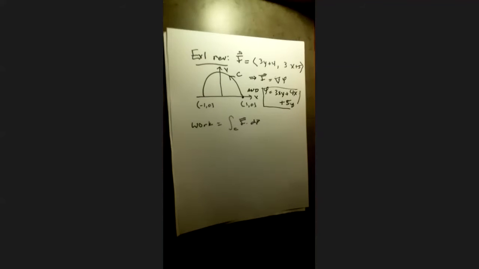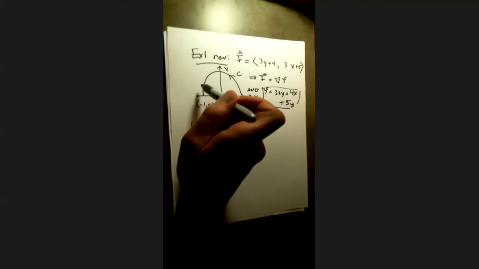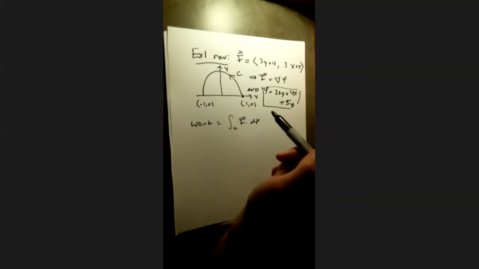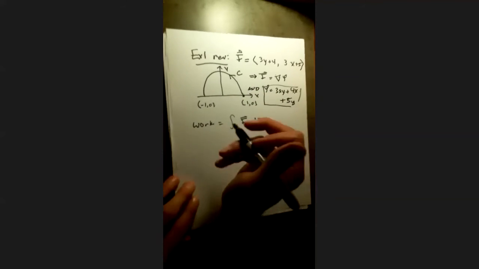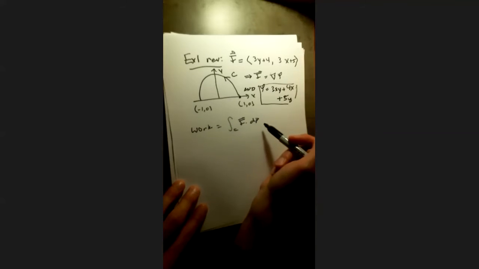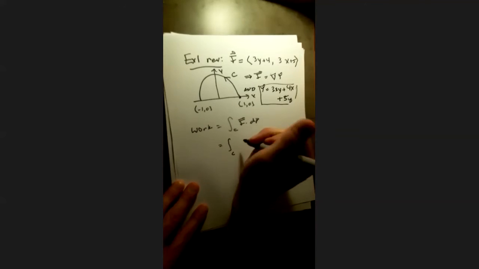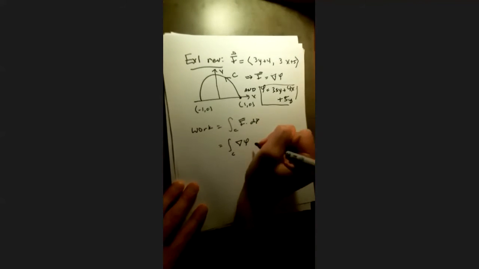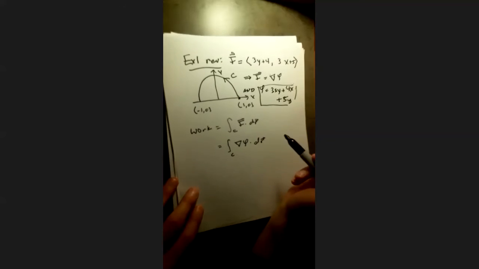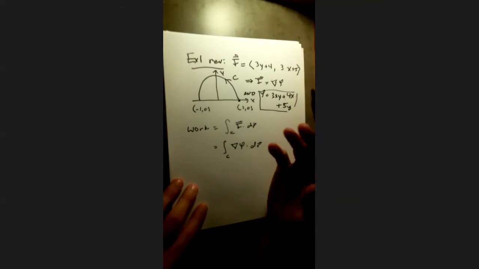We want to find the work to travel through this field around the unit circle, so we want to go across this path. But good news, since our field is conservative, all we care about are the endpoints. Notice the work, which is the line integral across C of F dot dr, is the line integral across C of a gradient dot dr. If we were approaching this like we've done in the past, our first step would be to parameterize the unit circle.